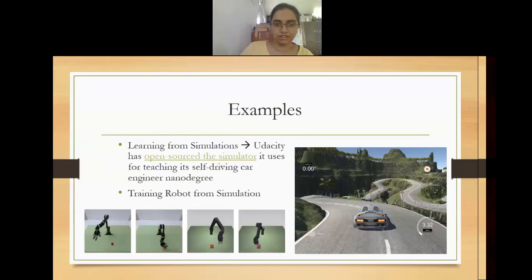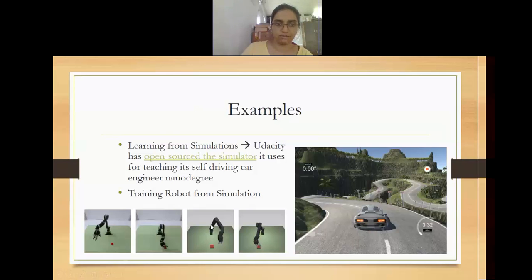These are a few examples. A simulator, a model which was used to simulate a self-driving car, the same thing could be used for training a robot. From that particular simulation, that model is used to train a robot.